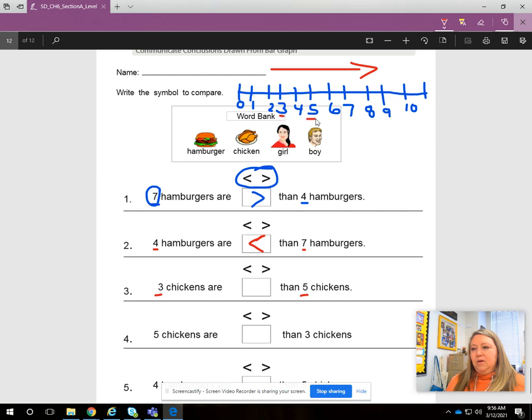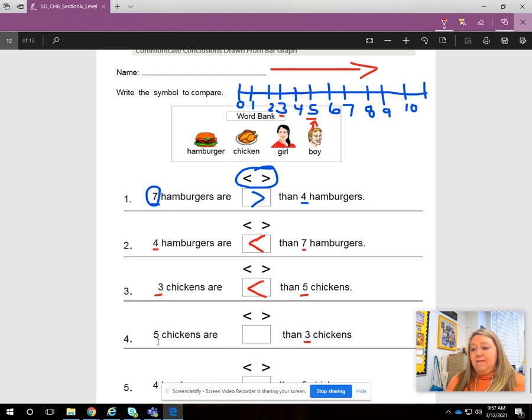Looks like 5 is bigger because it's the one that's furthest to the right. I want to make sure that my alligator eats the bigger number, so it's facing the 5.